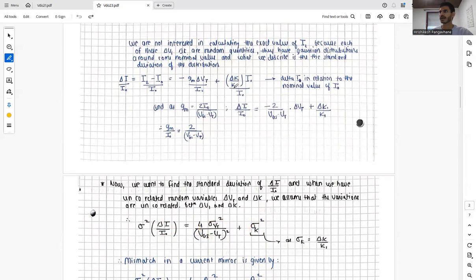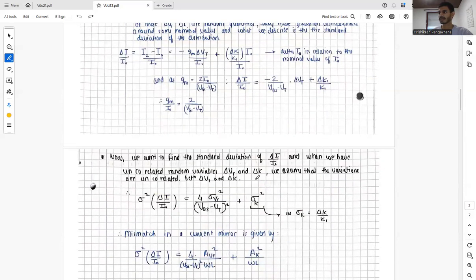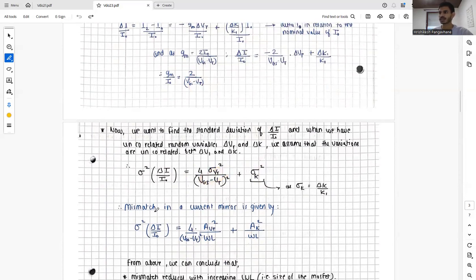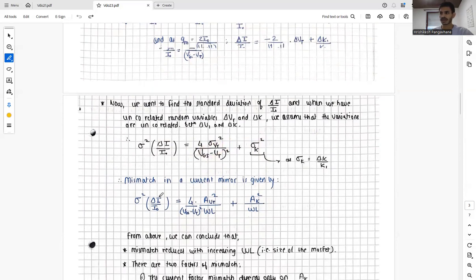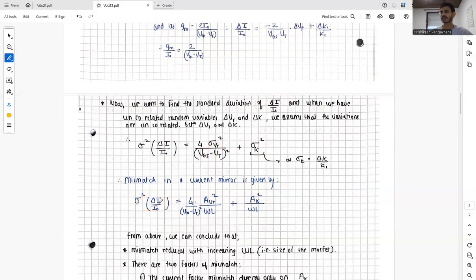So we know that delta K by K1 is nothing but the deviation from our previous derivation, and this value comes out to be 4 sigma Vt square divided by (Vgs minus Vt) square, and the mismatch in the current mirror is given by sigma square of delta I by I naught, which equals this entity plus this entity.